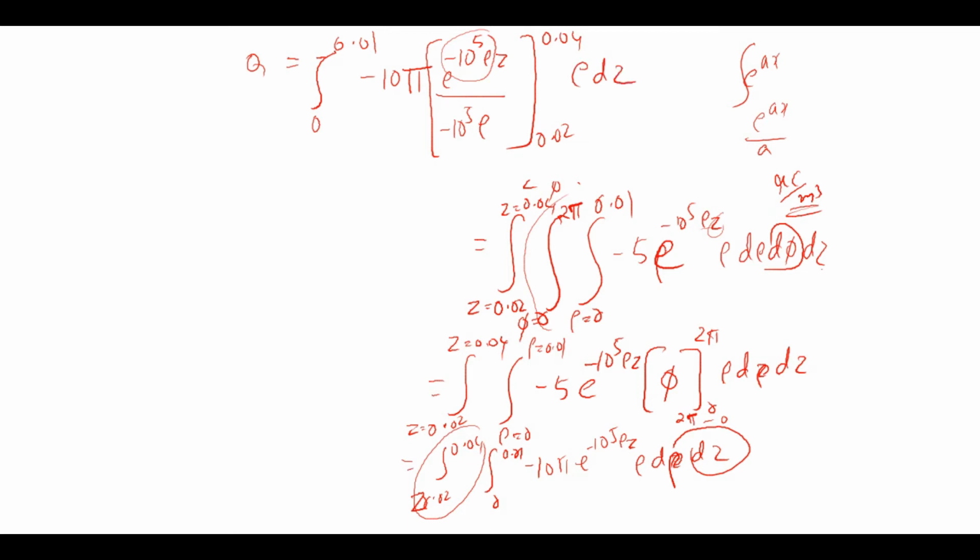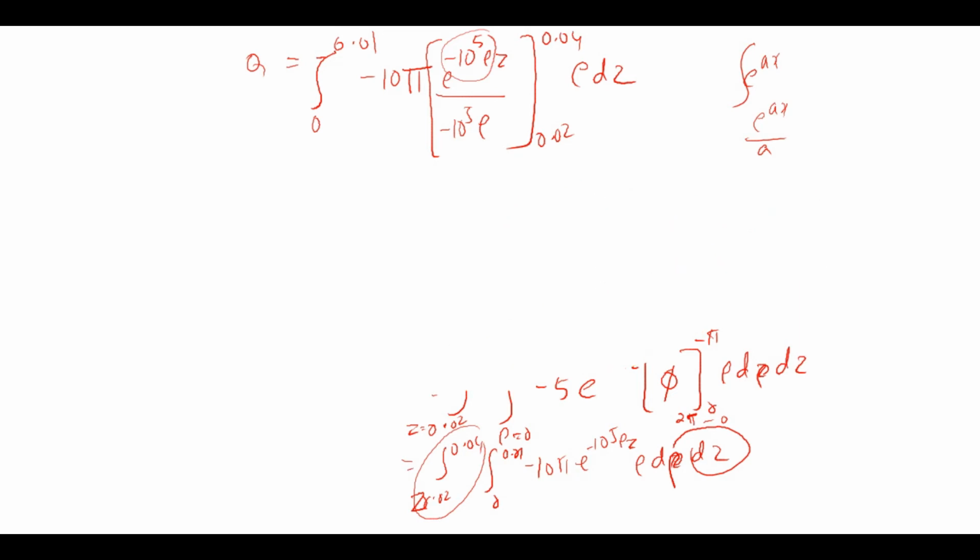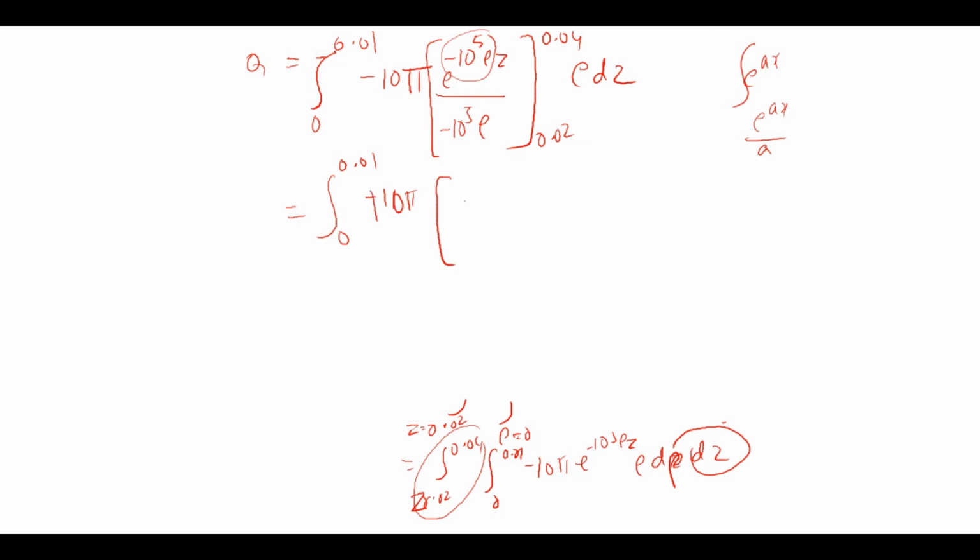So here is this one. If I substitute and calculate the value again, 0 to 0.01 minus 10 pi, apply the upper limit, it will become e to the power, there is a minus sign, so minus minus becomes plus.